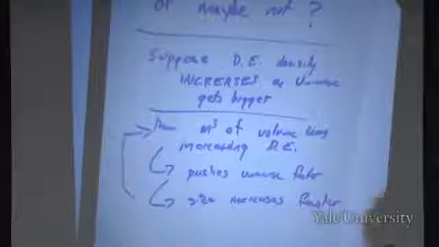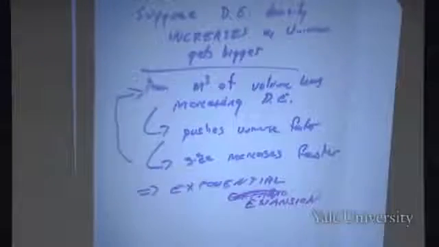And you get a feedback as the universe exponentially expands. You get an exponential expansion. And as that exponential expansion increases, the amount of dark energy in any particular cubic meter gets bigger too.